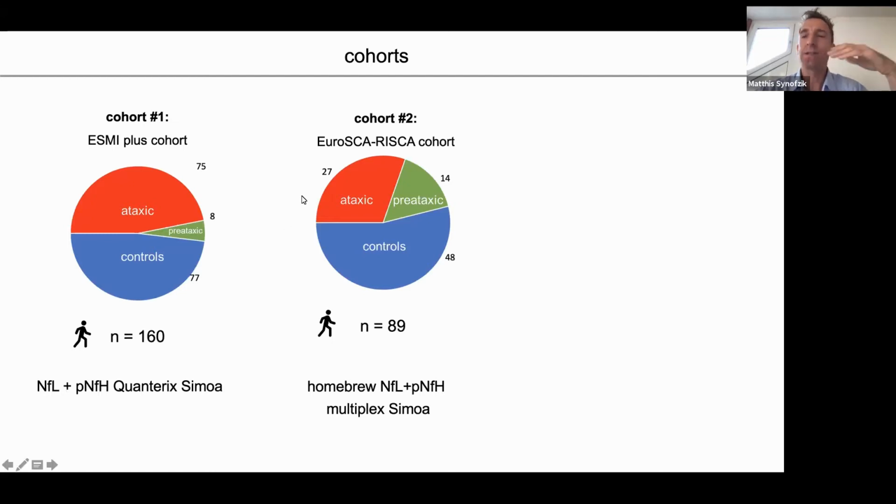As an independent validation cohort, just to confirm whether our findings are really replicable, we used the EUROSCA-RISCA cohort, 89 subjects, and a slightly different assay, again a SIMOA assay, but a homebrew assay capturing NFL and pNfH. So it's two different cohorts with a slightly different assay. If we could replicate our findings in the other cohort with a slightly different assay, it's really a robust finding. That was about the humans.